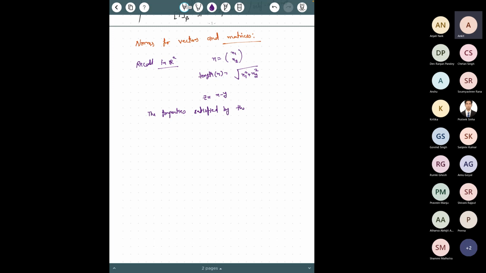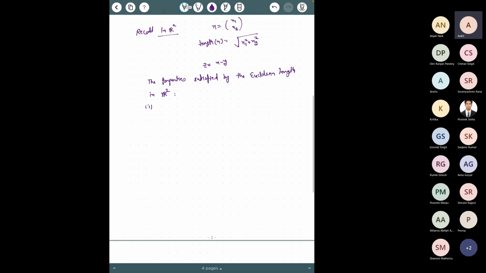You know that if you have a vector x, then its length is always greater than or equal to 0. It's always non-negative, whatever the vector is. And we know that the length is 0 if and only if the vector itself is 0.